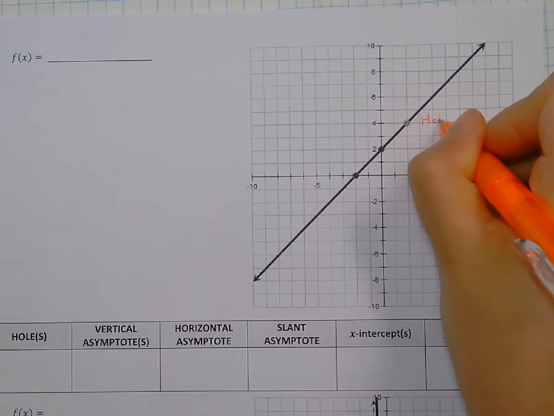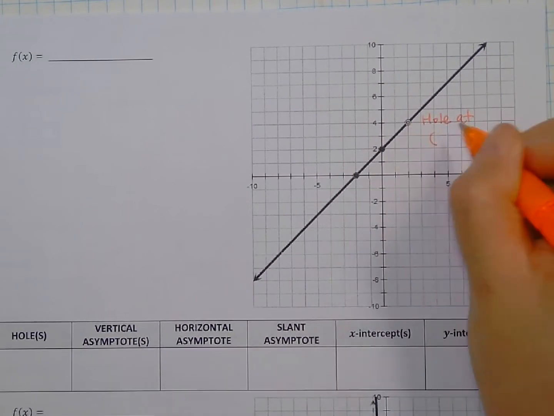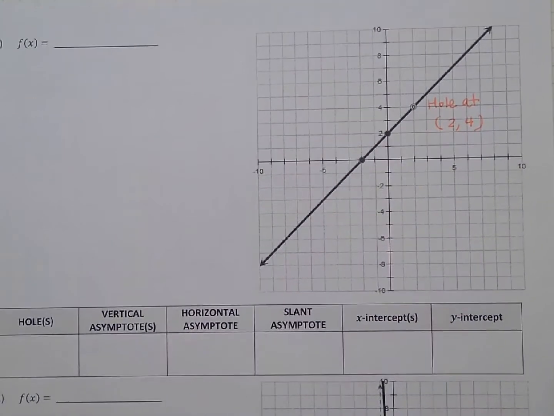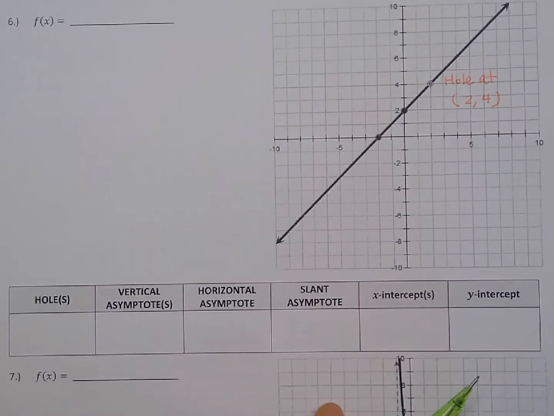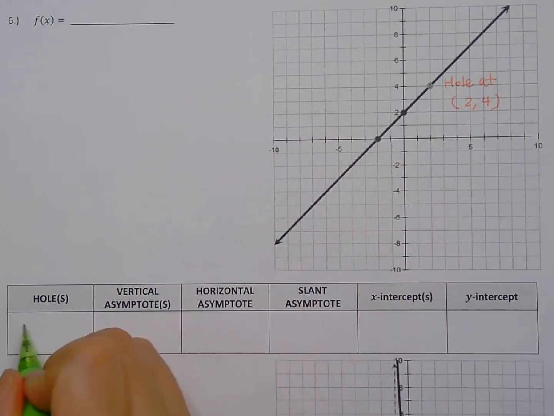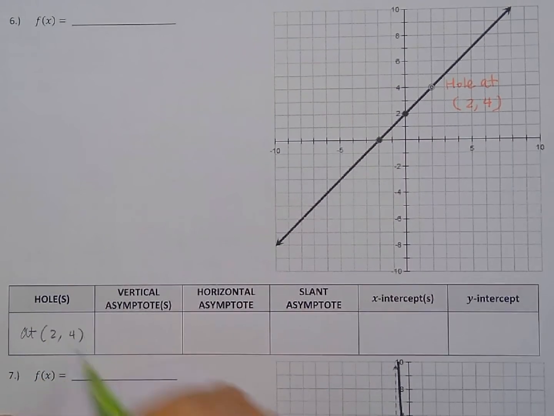This is a hole at x coordinate 2, so it's 2, 4. It's very important. Okay, then now let's fill out the key features first. So then hole, where is the hole? 2, 4. So, one hole at 2, 4.